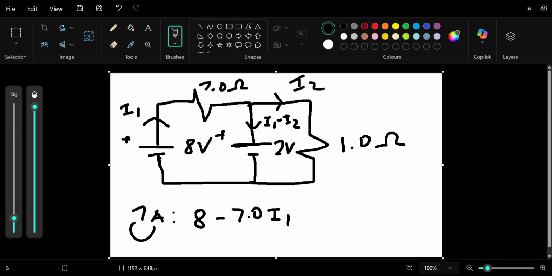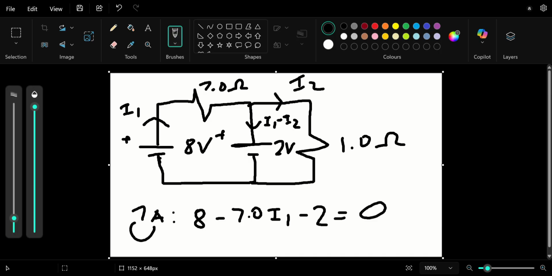And since this cell is going from a positive terminal to a negative terminal, we flip the sign, because here, if you remember, we kept the movement of positive charge as positive. However, here is indicating the movement of negative charge. So now, in our equation, that's going to be a minus 2, and all of that will be equal to 0.